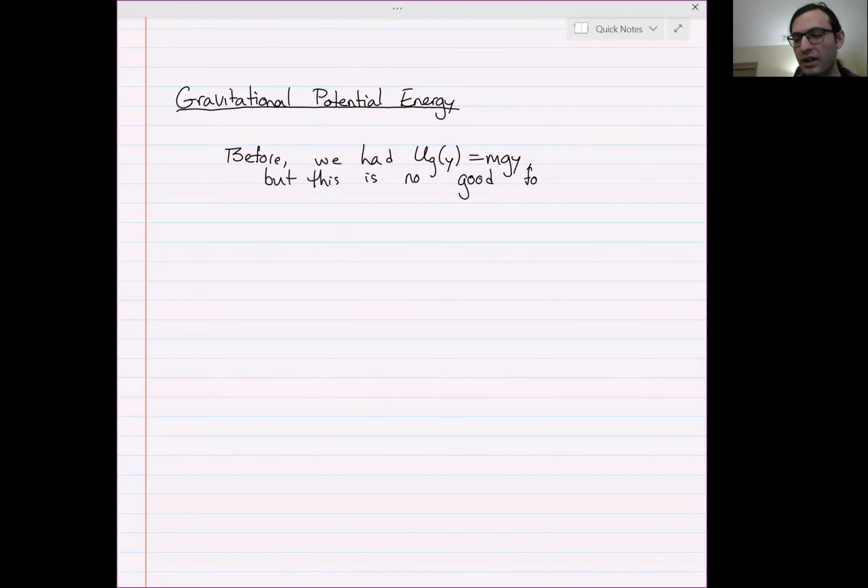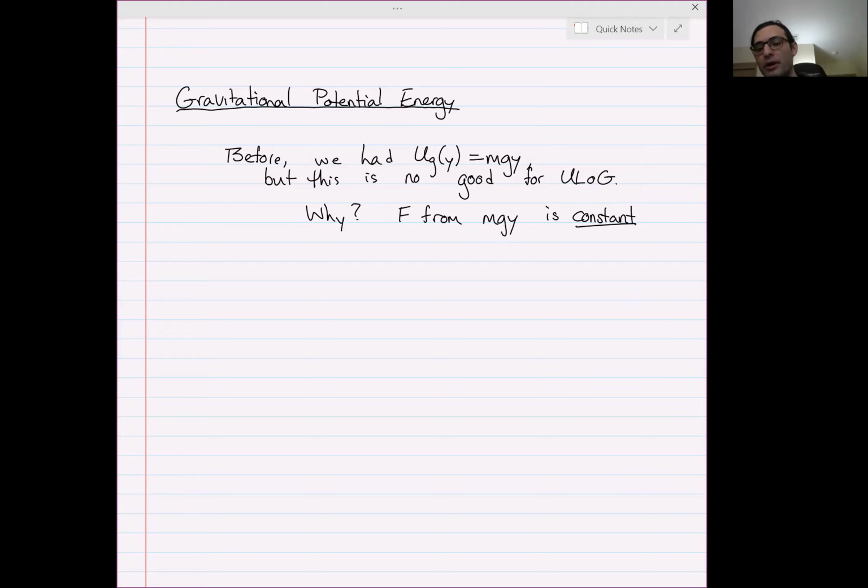And U log, by the way, stands for universal law of gravitation. That reason is that the force from mgy is constant. That's just because if you remember how the force is related to the potential energy, it's the negative derivative.